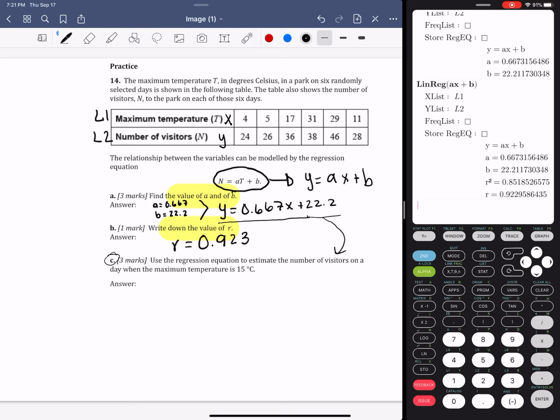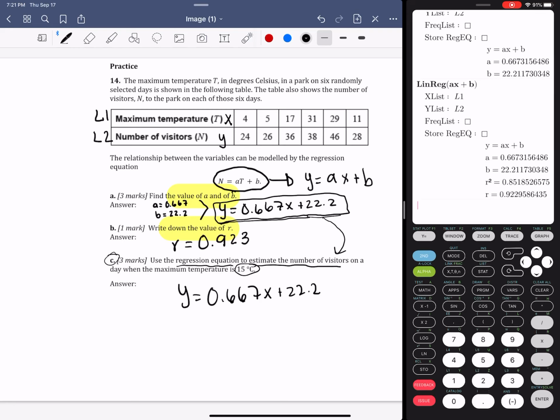So in the last video, I told you that we are going to use this equation right here to answer our part C. So I'm going to write y equals 0.667x plus 22.2. Now they want us to use the regression equation again to estimate the number of visitors on a day when the maximum temperature is 15 Celsius.